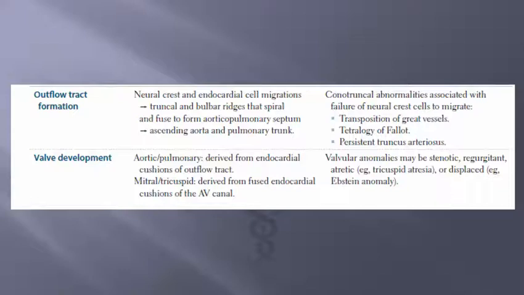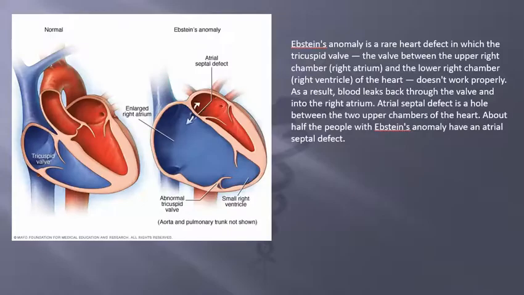Now, in case you're wondering or can't remember, let's go through these. Again, Ebstein's anomaly is very rare, but it does show up on the USMLE. It's when the tricuspid valve, the valve between the upper right and the lower right chamber of the heart, the atrium and ventricle, doesn't work very well.